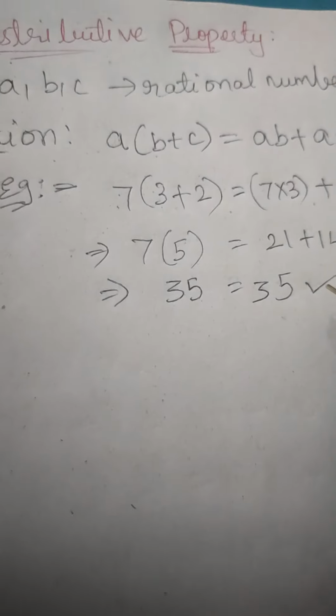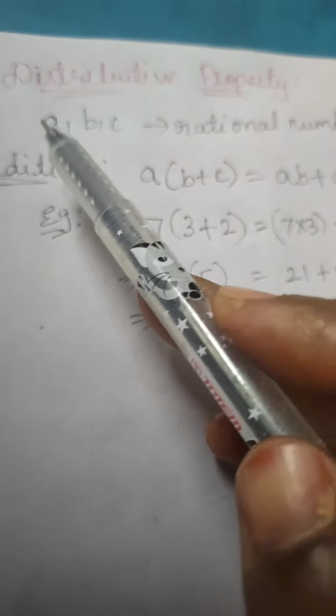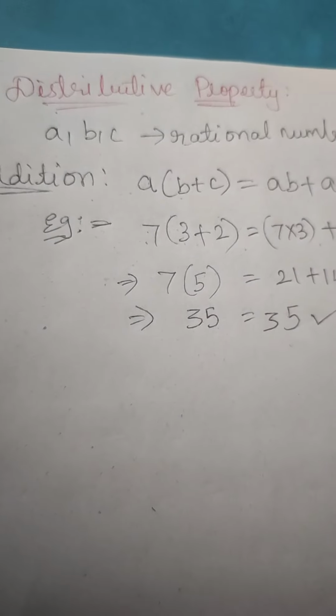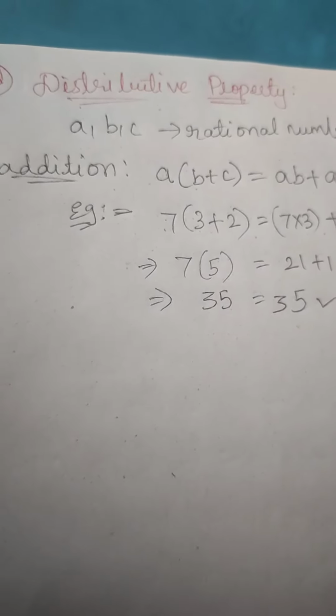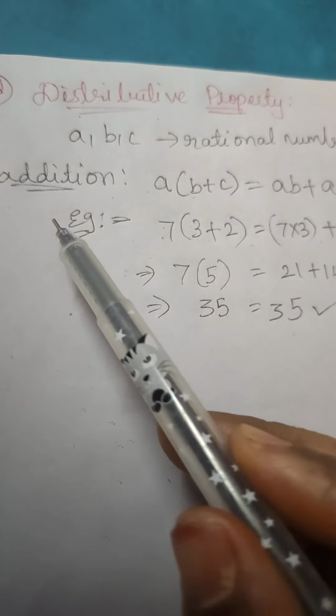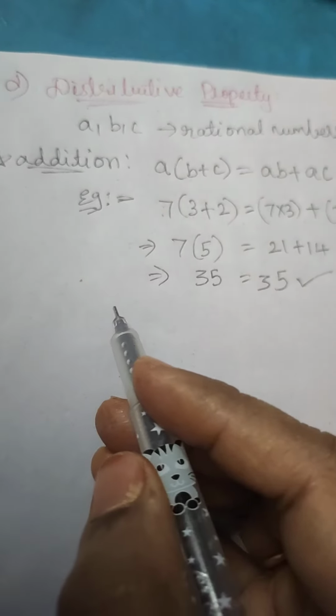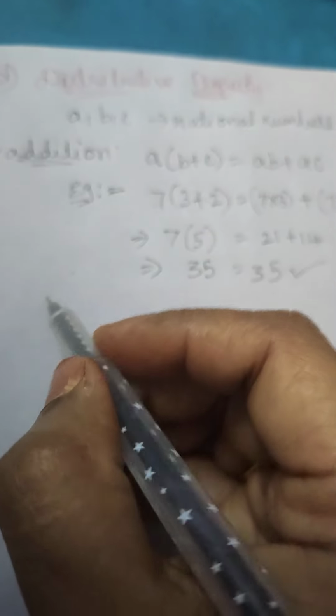Both are equal. So the rational numbers a, b, c satisfy the distributive property in case of addition.